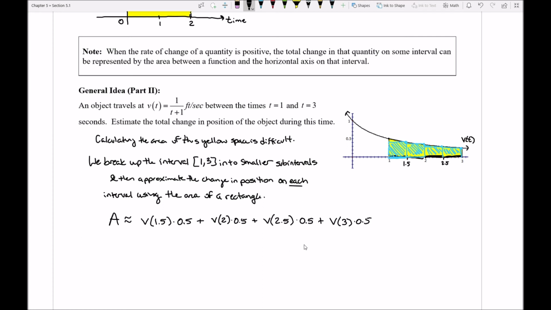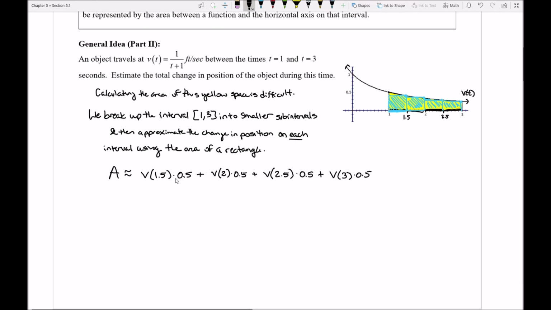So I can see here then that if I wanted to go ahead and actually crunch this out, this would be really easy. First, I could take out the value of 0.5, just factor it out since it's in common with all of these. And I can just slowly start to figure out what each v of these specific numbers actually turns into. So notice here that if I was to plug in 1.5, I'm going to get 1 over 2.5. v of 2 is going to get me 1 over 3.